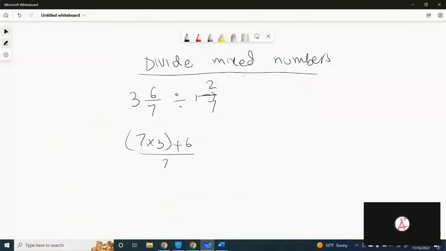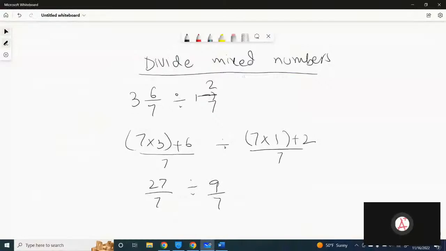For the second one, you have to do 7 times 1 plus 2 over 7. It would be 7 times 3 is 21 and plus 6, 27 over 7. 7 times 1 is 7 and plus 2, 9 over 7.